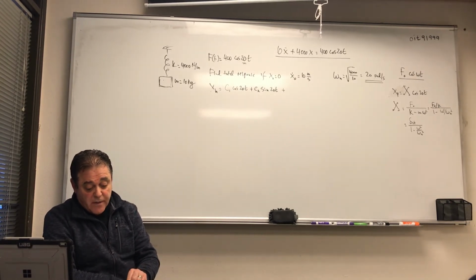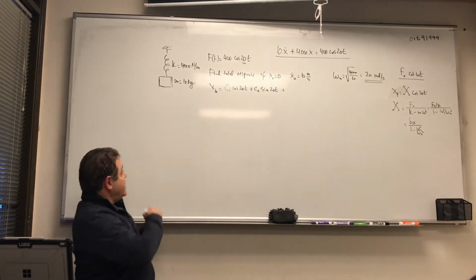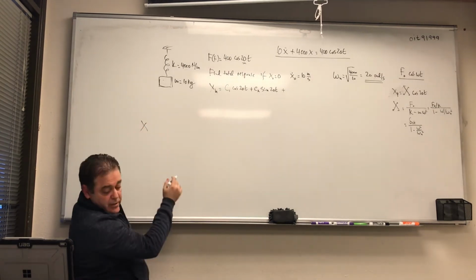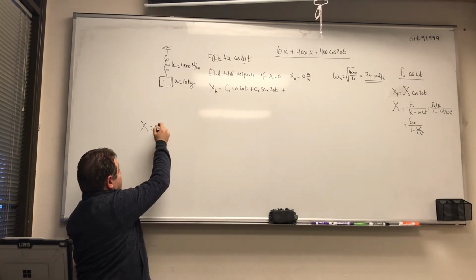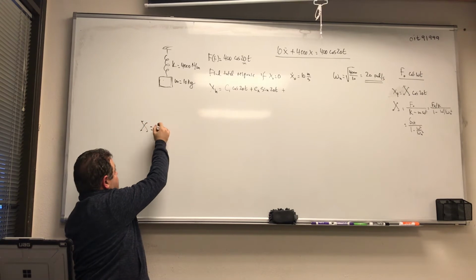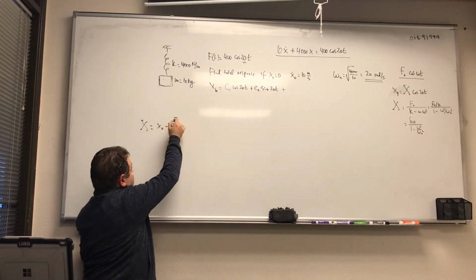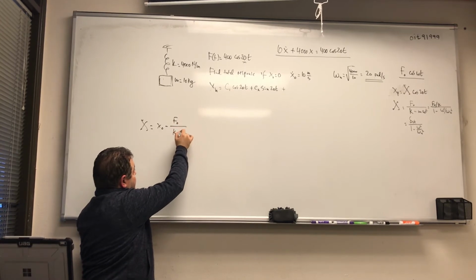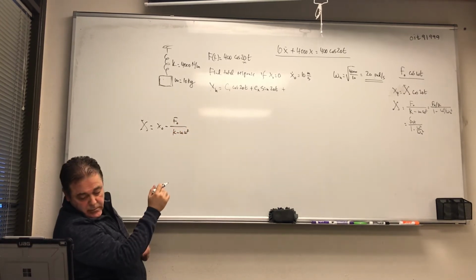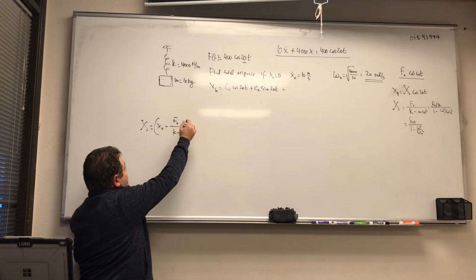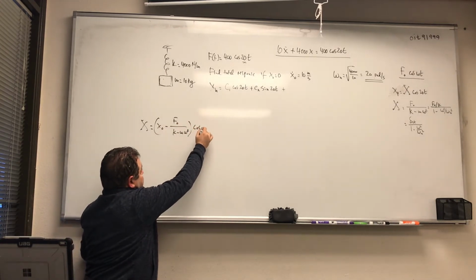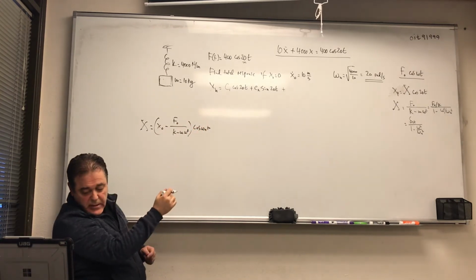You see that equation when omega is equal to omega n, from the big equation, the general solution that we came up with earlier, which is x equal to x naught, that's the initial condition, minus F naught over k minus m omega squared, times cosine omega n t.